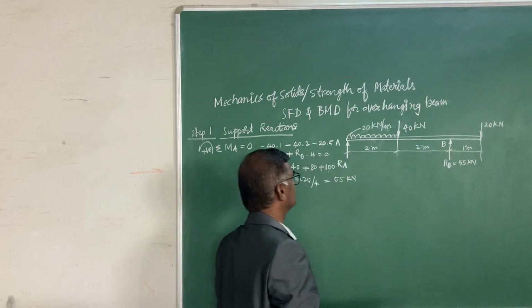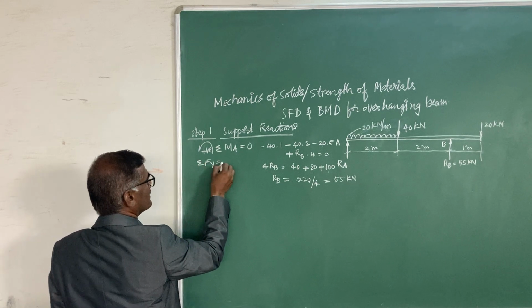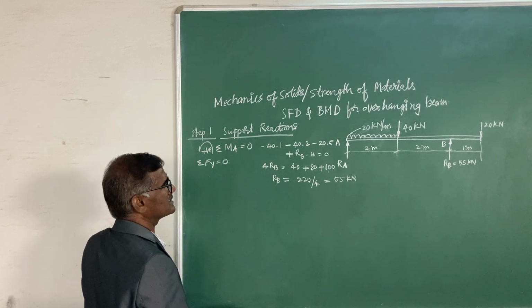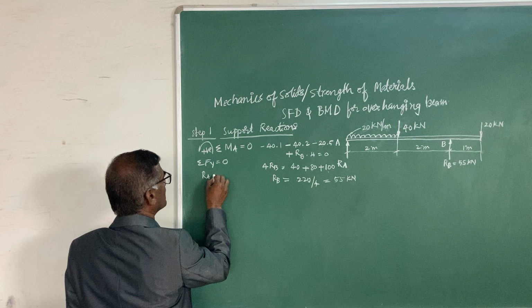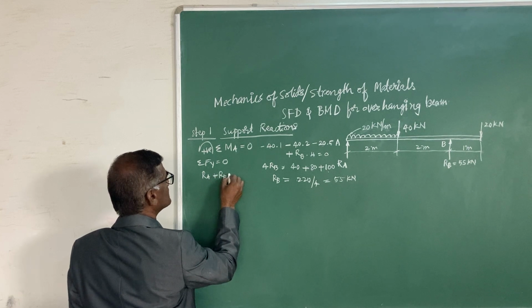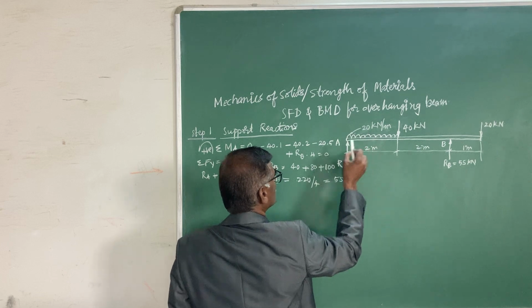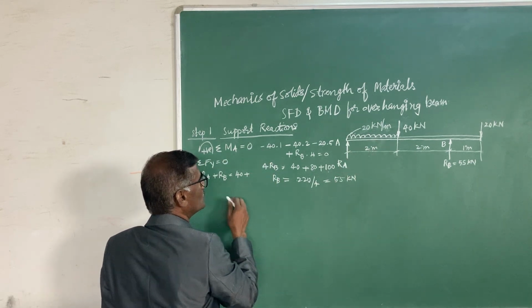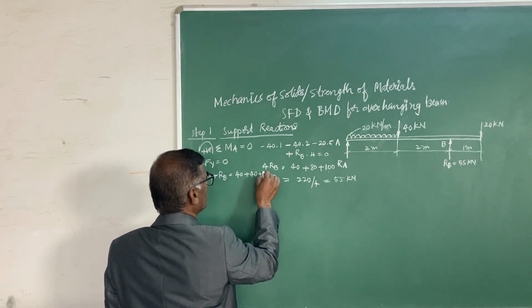That's the support reaction. And writing the force equation, sigma Fy equals 0, you can find the other support reaction, that is RA. RA plus RB equals the downward force: 20 into 2, that is 40, so 40 is the UDL load, and 40 again is the point load, again plus 20.